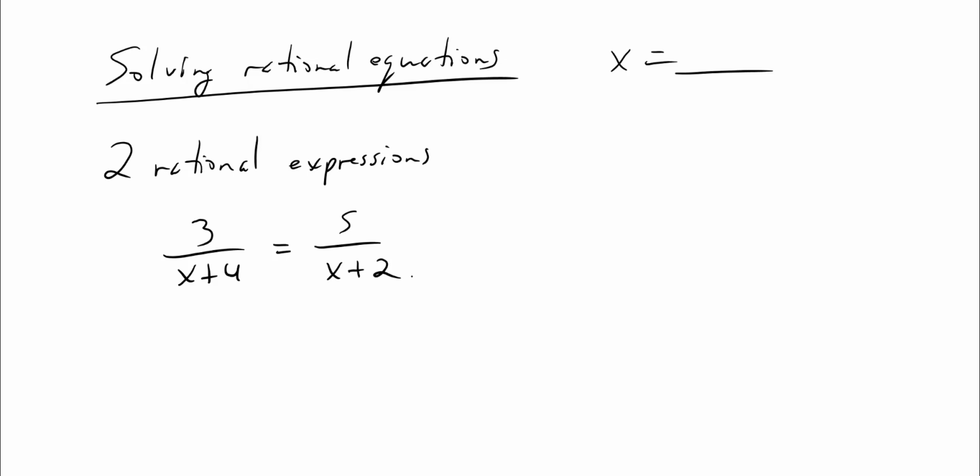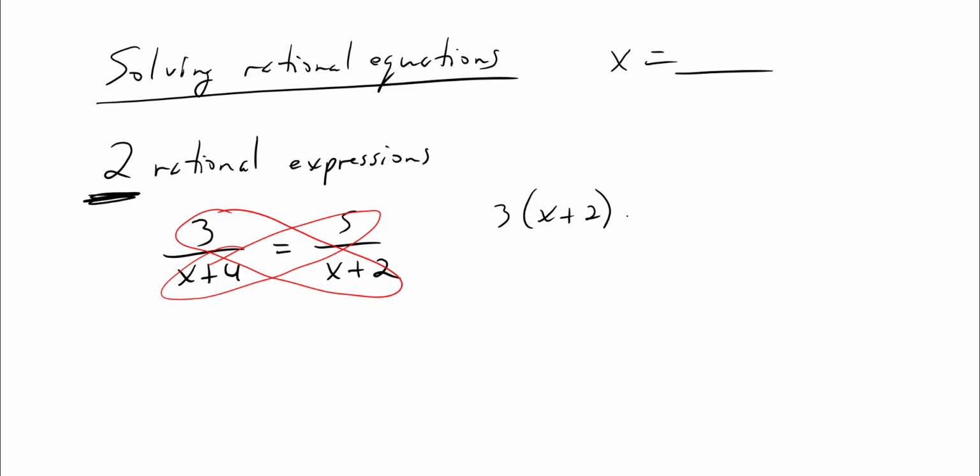It's really easy. This is with two. If there's more than two, you have to do something different. But if there are two rational expressions, you literally just cross multiply and solve. So if I cross multiply, it's 3 times x plus 2 and 5 times x plus 4. So let's write it out here: 3 parentheses x plus 2 is equal to 5 parentheses x plus 4.